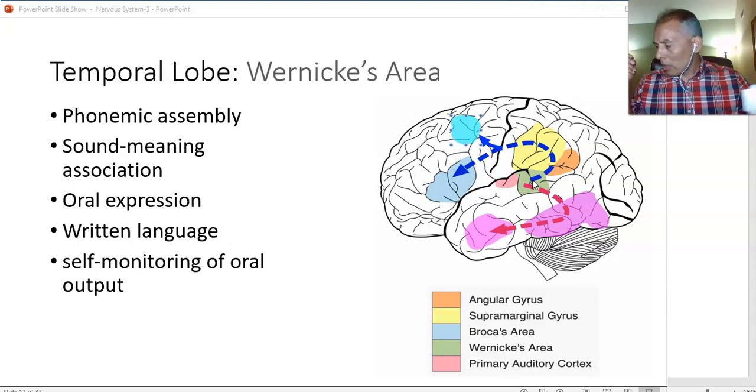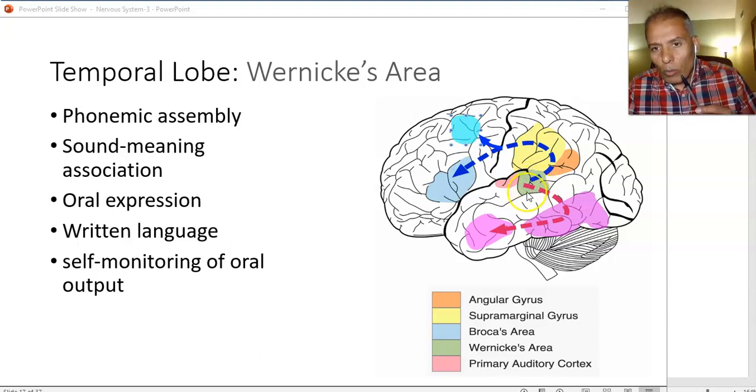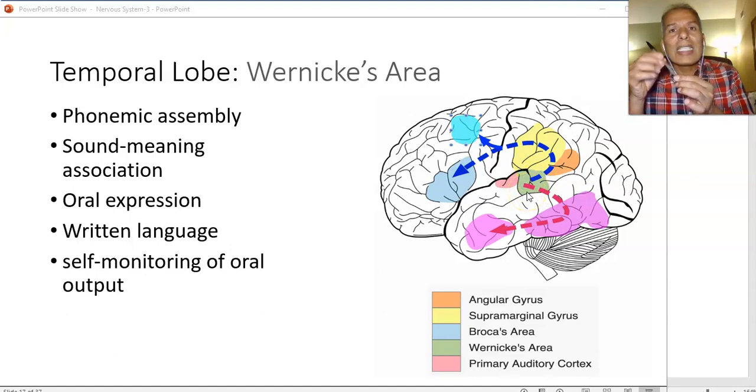Immediately, even before doing anything, Wernicke's area will combine it together: pen. And then you get the meaning from the other areas. Then the somatosensory cortex makes you imagine what it is like to hold the pen, how you hold it.